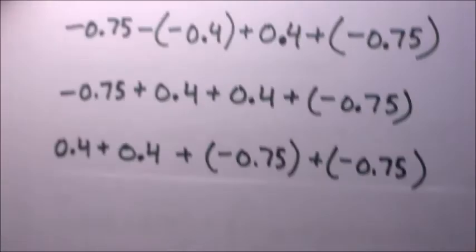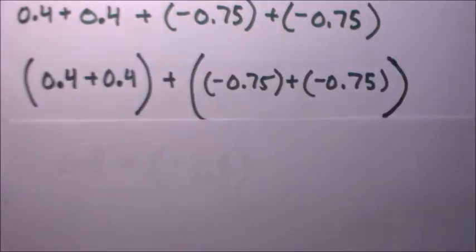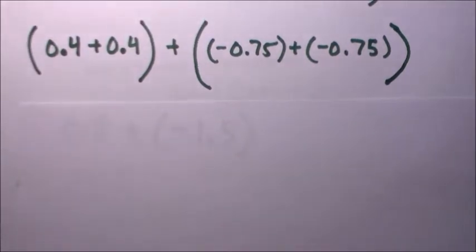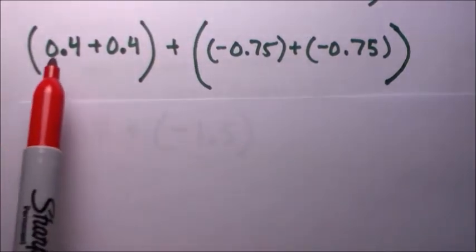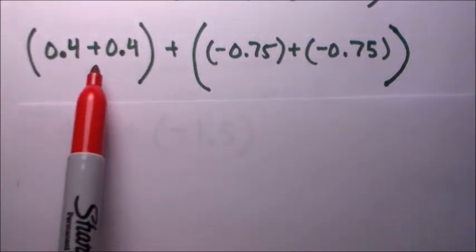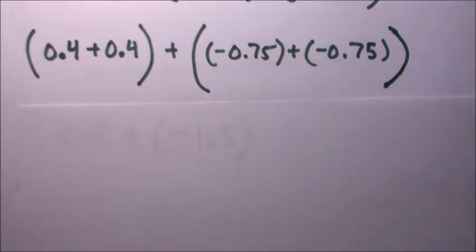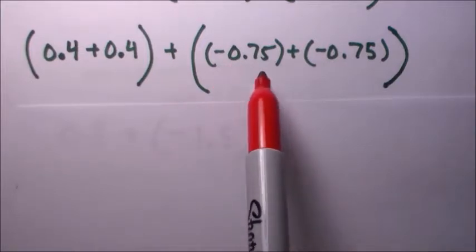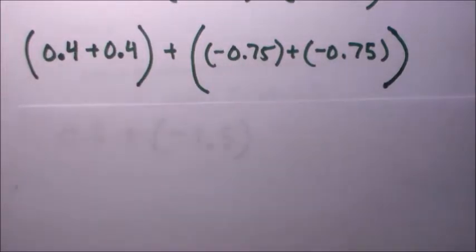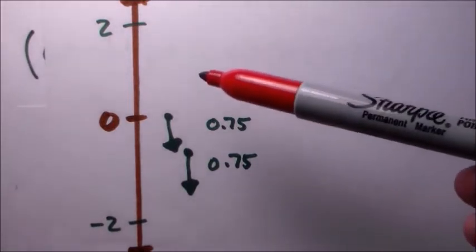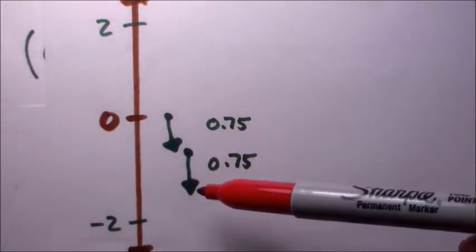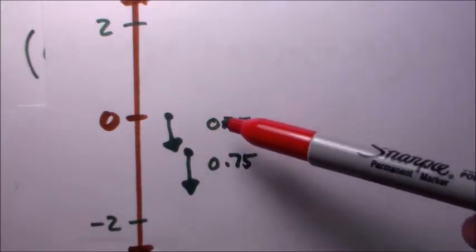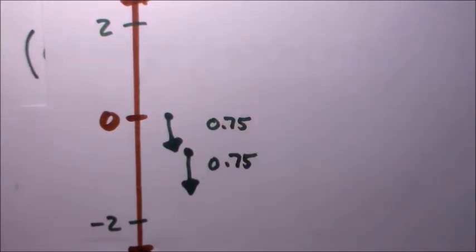So what can we do with that? Well, let's add them together. This is the associative property of addition. We should be able to add 0.4 plus 0.4 relatively easy. I think everyone's going to know what we're going to get there. We have to remember that negative 0.75 plus negative 0.75 is like going down and then going down again. So how far do you go down? Well, you go down the total amount plus the total amount again.